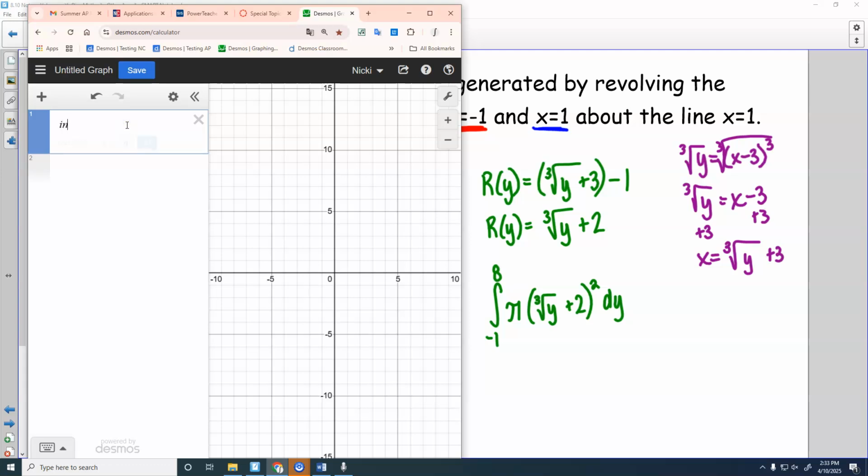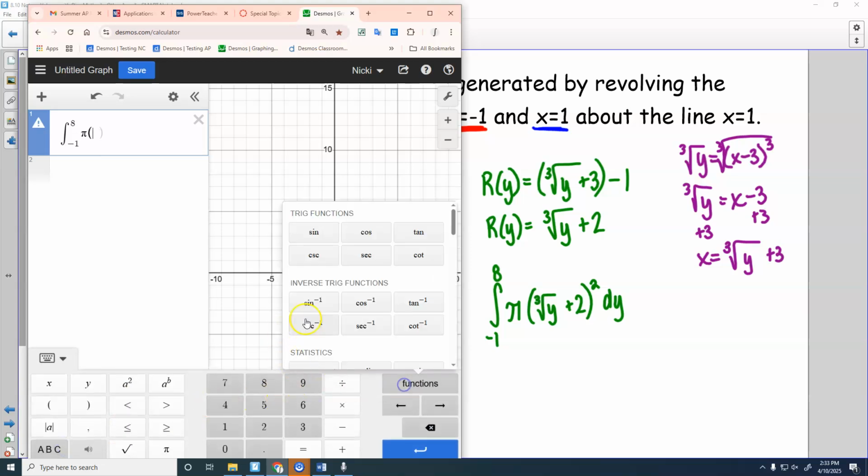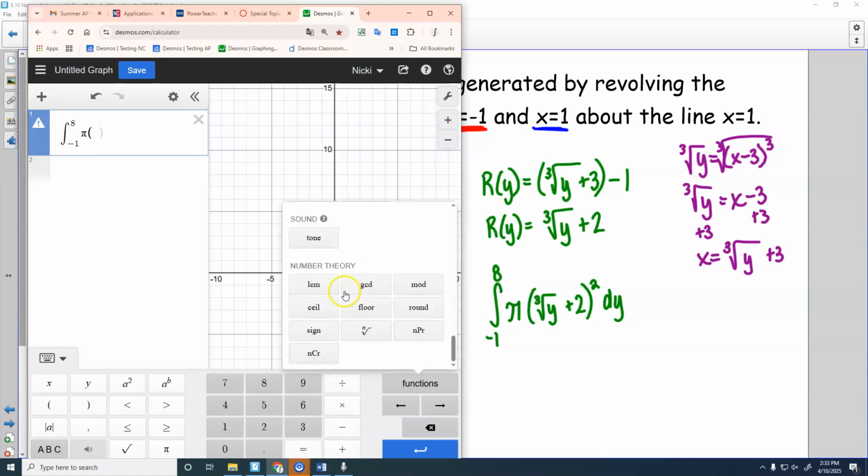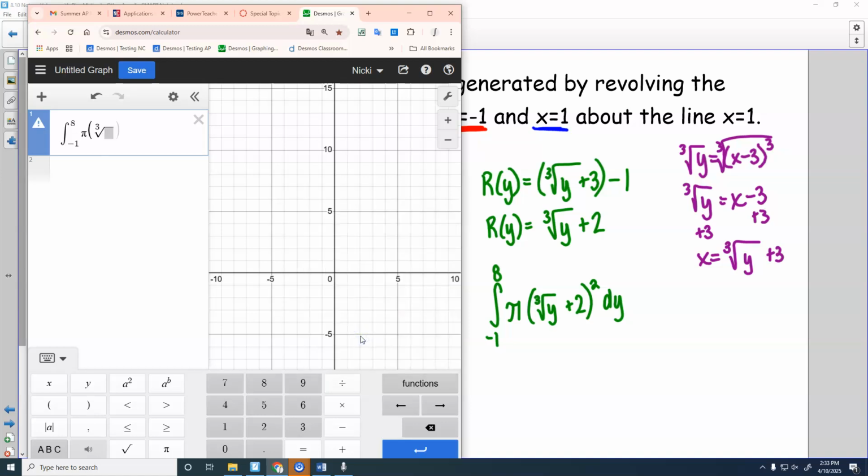We would have the integral from negative 1 to 8 of pi times the cube root of y plus 2 to the second dy.